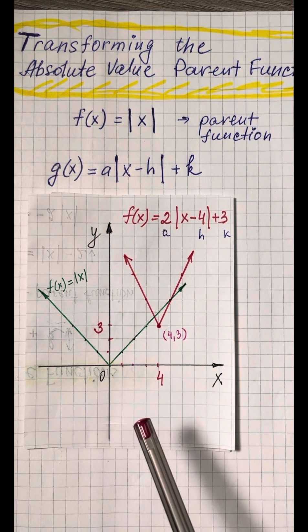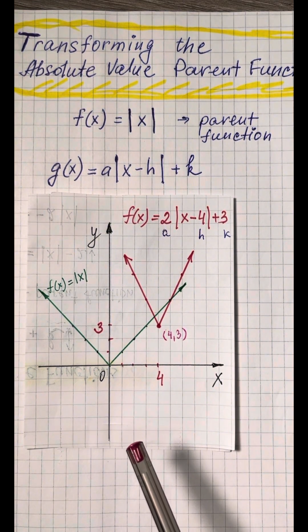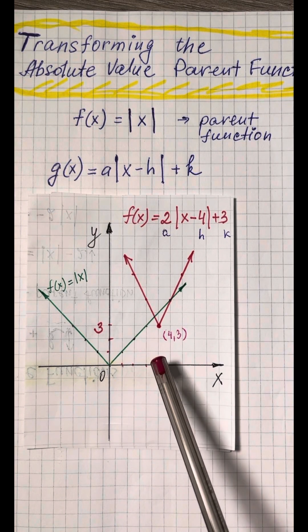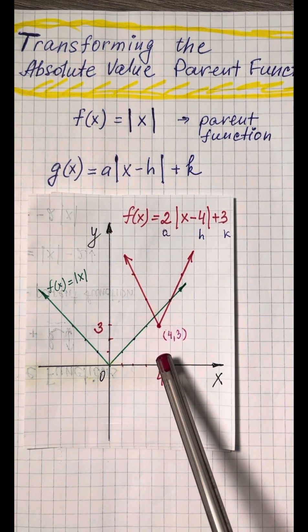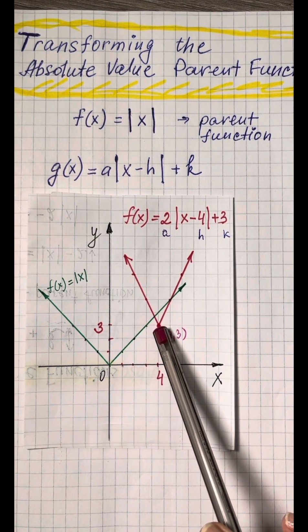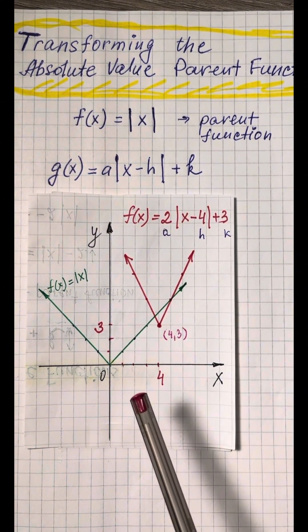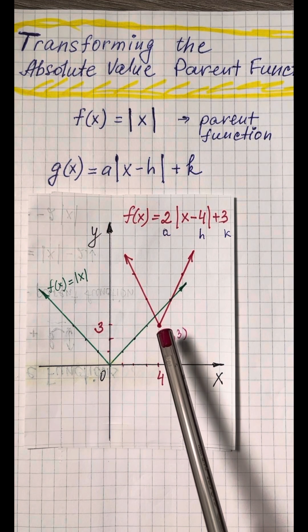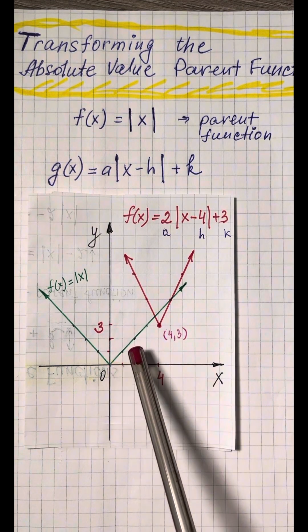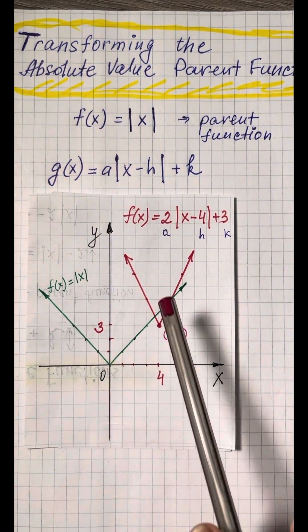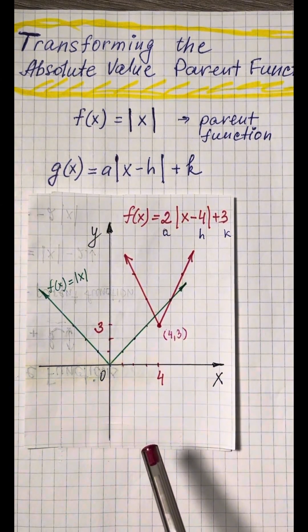So if we compare, we notice that the vertex of the red graph is located at point (4, 3). That is your vertex, and the red graph is narrower than green because of the coefficient of 2.